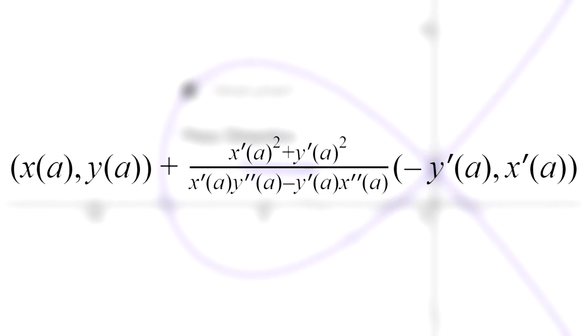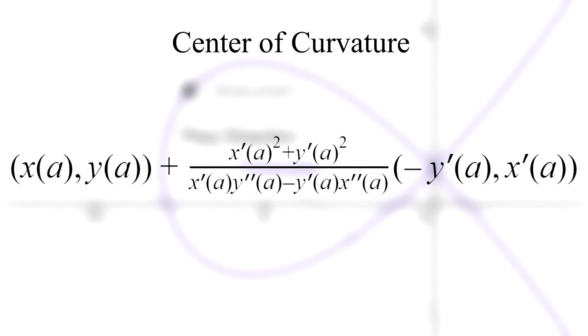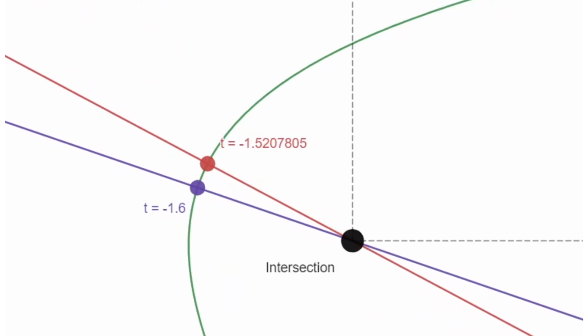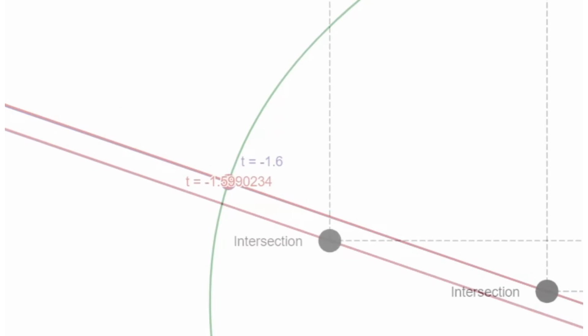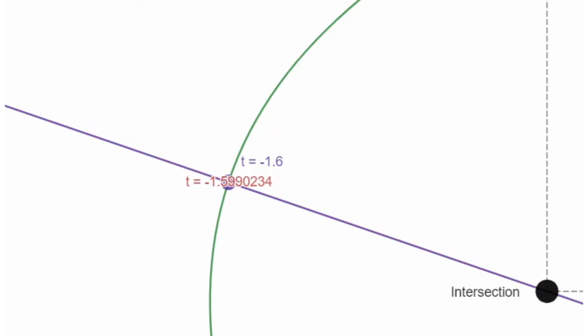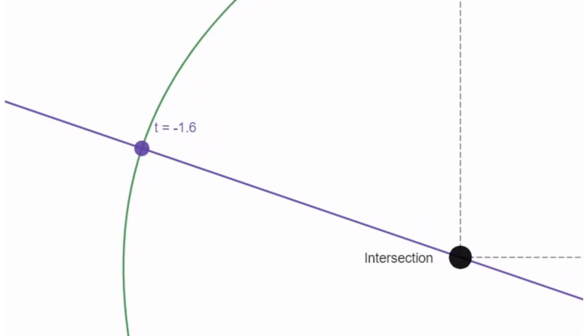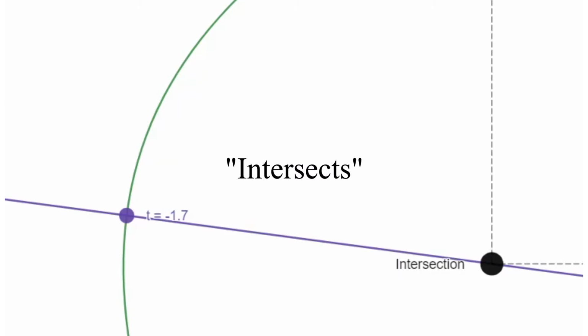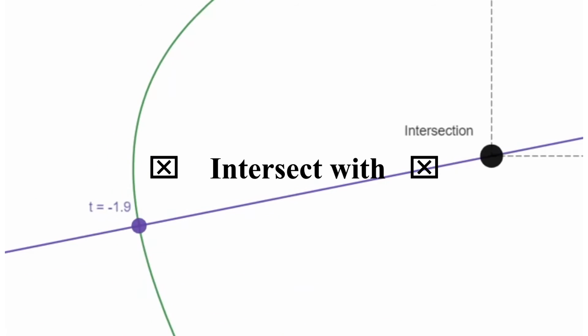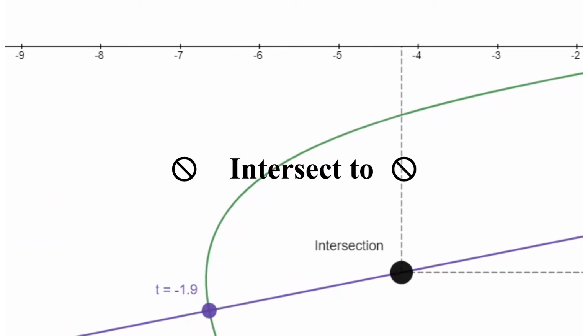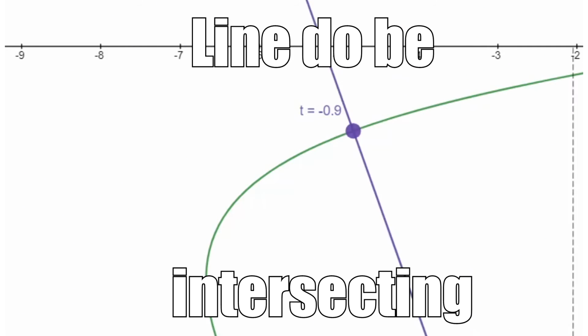This limit taken expression, finally, is the center of curvature of a parameter, or the infinitesimal intersection of two lines across a curve. Although infinitesimal intersection allows two lines to merge into one, the merged line still intersects. Not intersects with, not intersects to, the line just intersects.